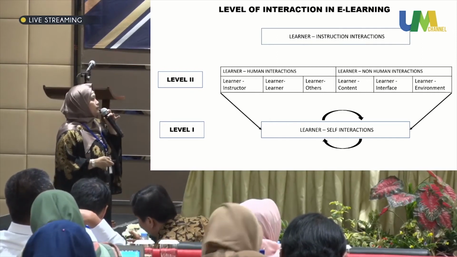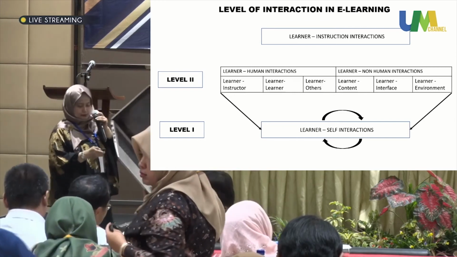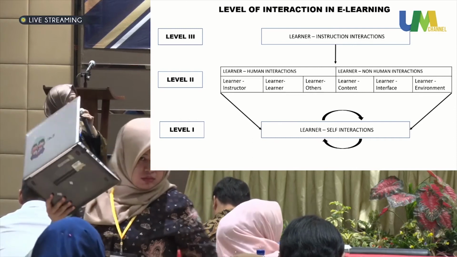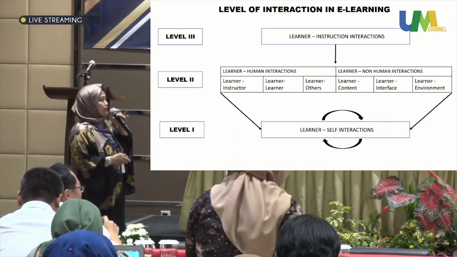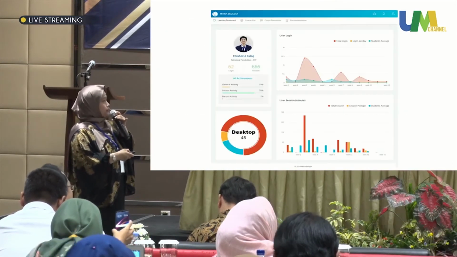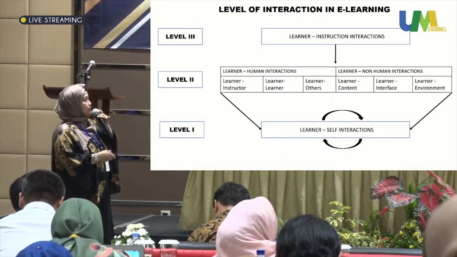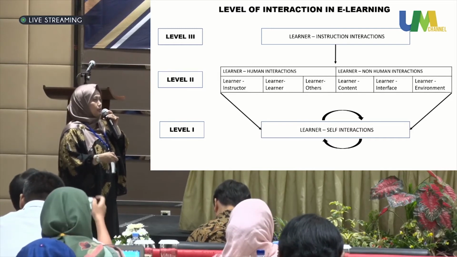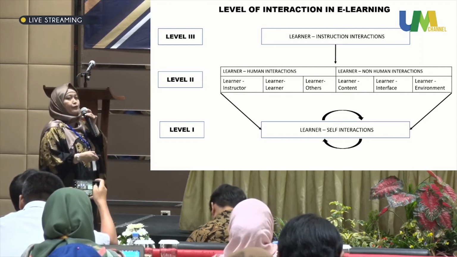The third level is learner to instruction interaction. This third level is also a behavioristic level, and the third level will organize the second level, actually, because this is the learning strategy that will be provided in the learning environment.